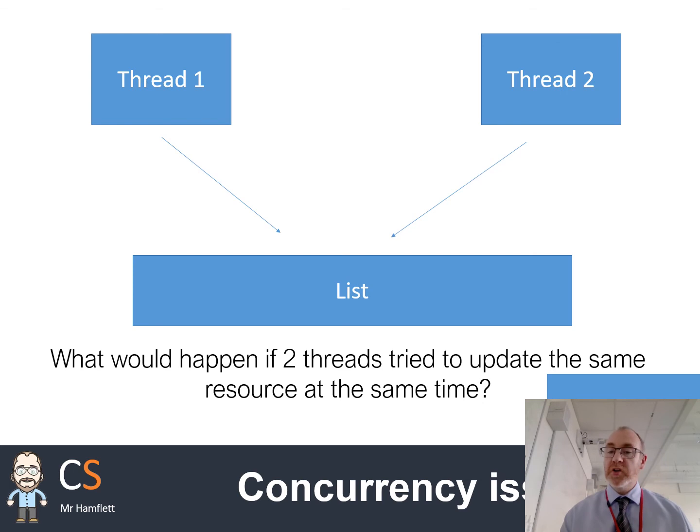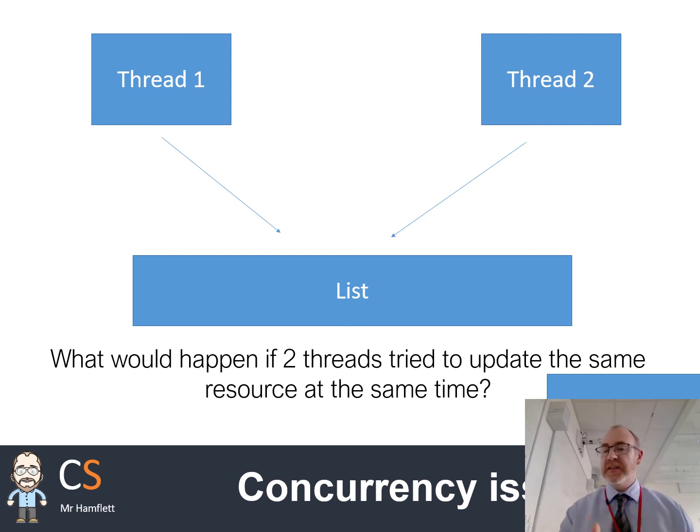Well, because we can't control which one comes first, and because they're running on multiple cores, we have no idea whether they're going to happen at the same time. So if they're trying to update the same value at the same time, which one goes first? This is an issue with concurrency, and it's one that you can solve through mutex locks.